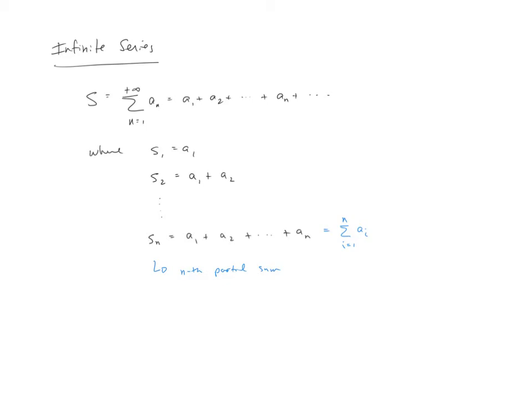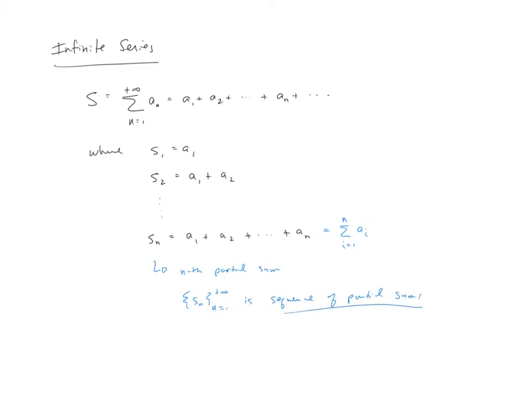And as I mentioned before, if we take away the sum part, we can then view it as a sequence. So now we're going to define s sub n from n equals 1 to positive infinity as being the sequence of partial sums.